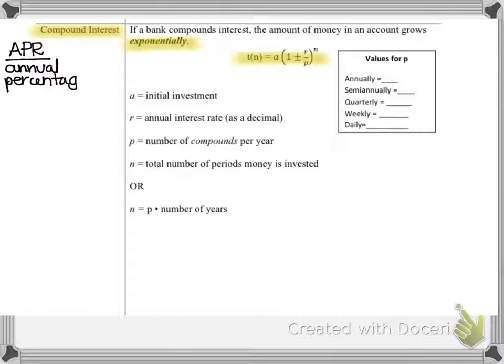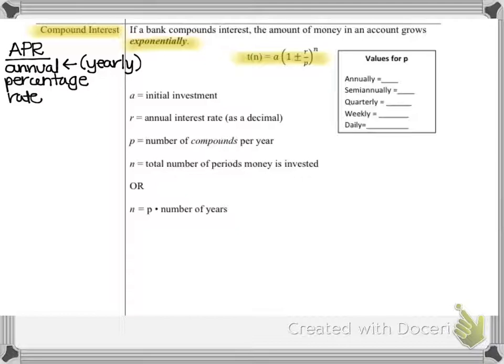Now, to be clear, annual means yearly. So when we're talking about an APR, if you think about it in a calendar year, that would be starting January 1st and ending December 31st. So it's like a full year range. So 12 months.